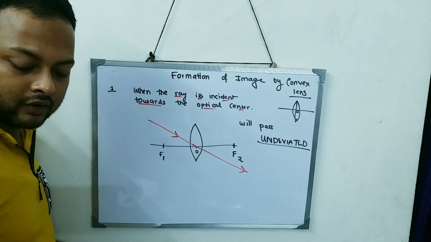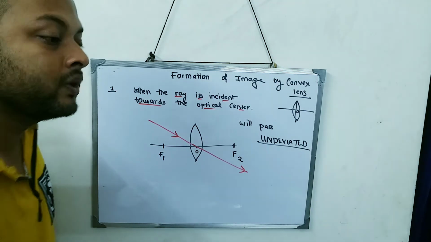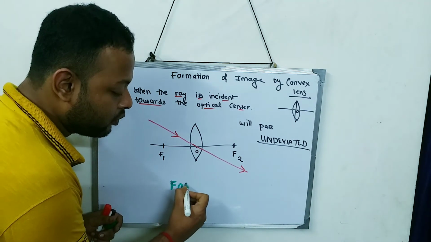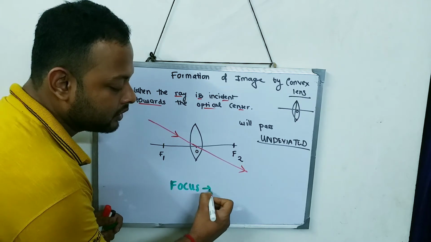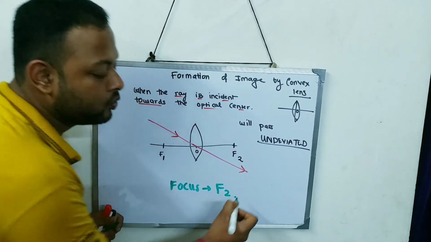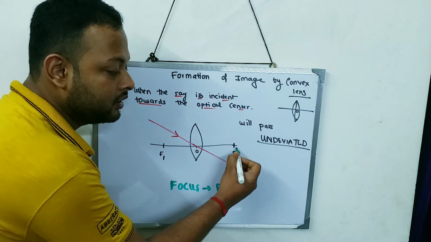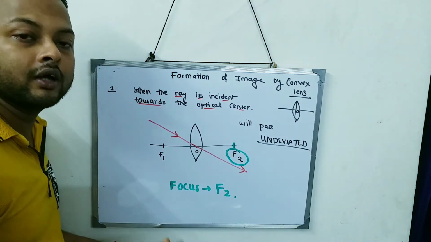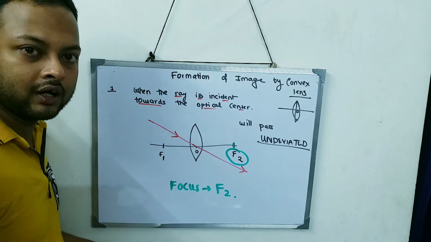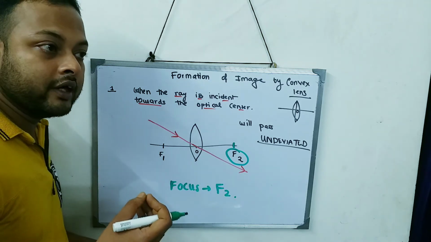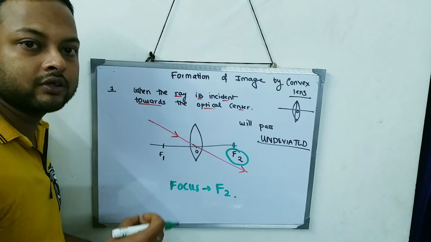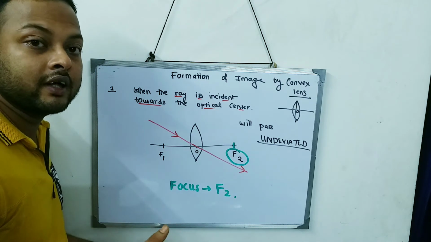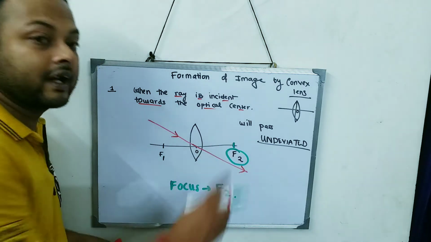And I'm also saying over here that when we say focus, we generally mean f2, this focus. When we normally say that the ray is passing through the focus, if it is not mentioned first focus or second focus, then it means that the ray is passing through the second focus.